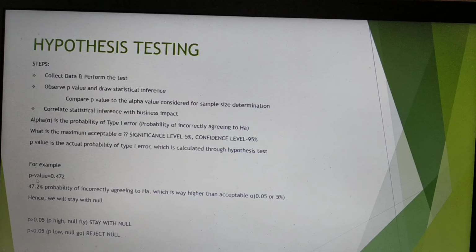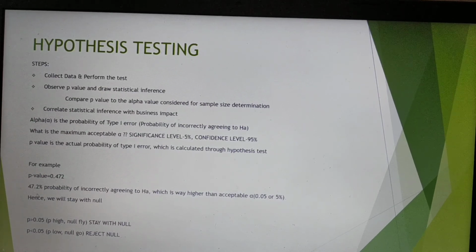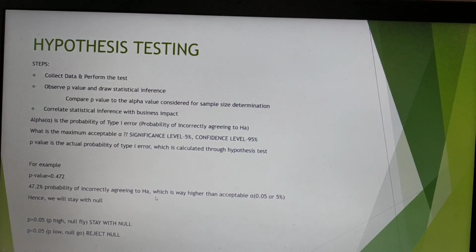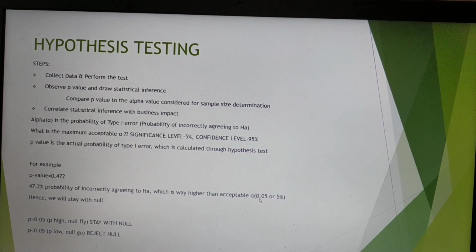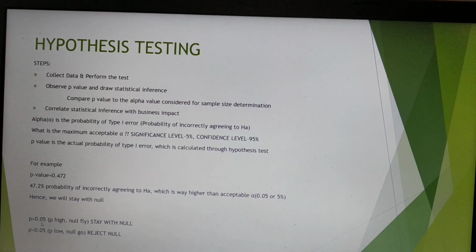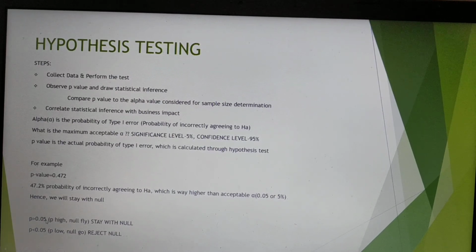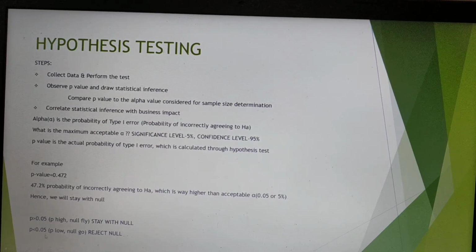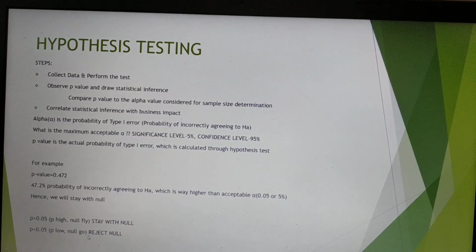So for example, if p value is 0.472, it means that there is a 47.2% probability of incorrectly agreeing to HA, which is way higher than acceptable alpha, which is 5%. Hence we'll stay with null. So if p is greater than 0.05, here we are writing 0.05 because we are assuming that alpha is equal to 0.05, we'll stay with null, and if p is lower than 0.05, then we'll reject null.